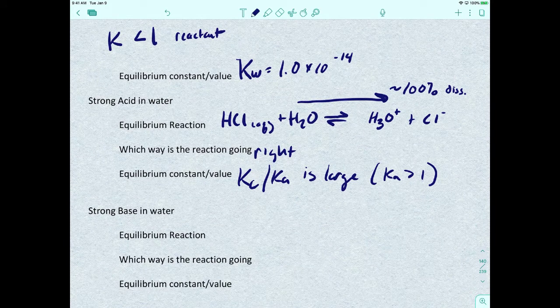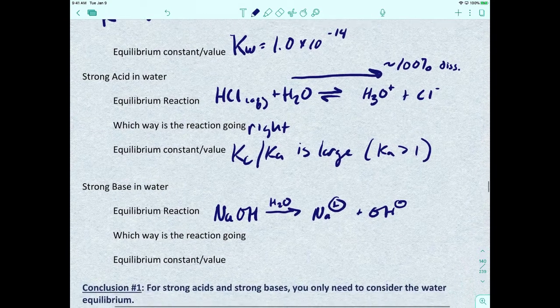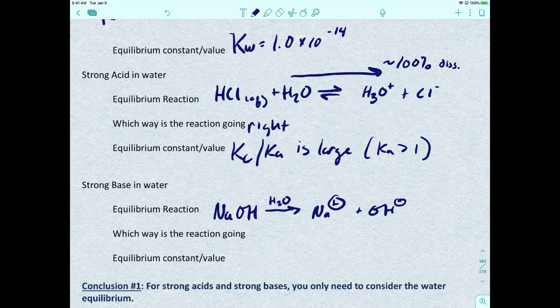What about a strong base in water? If we take a strong base like sodium hydroxide and dissolve it in water, we're going to form sodium ion and hydroxide ion. Which way is the reaction going? This is also going to go towards the right.